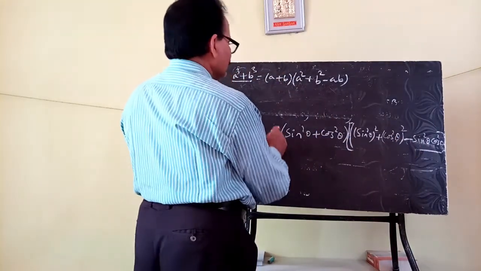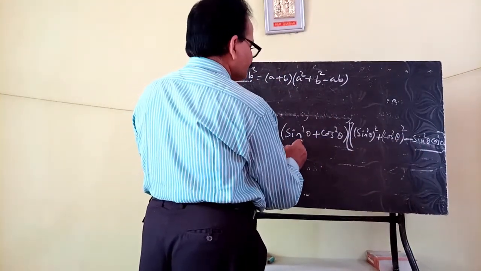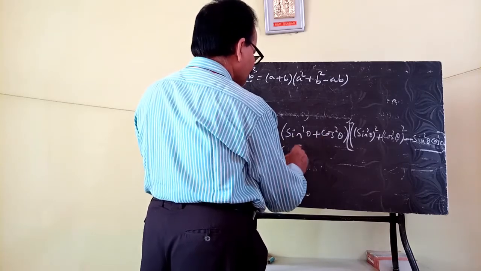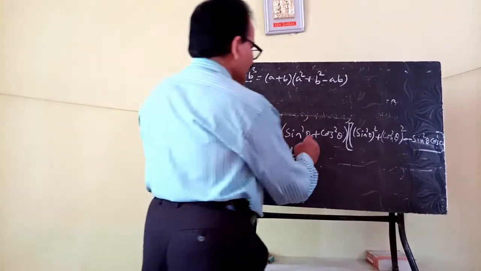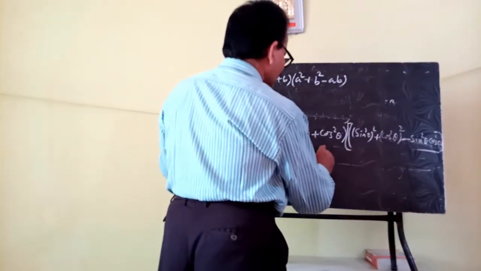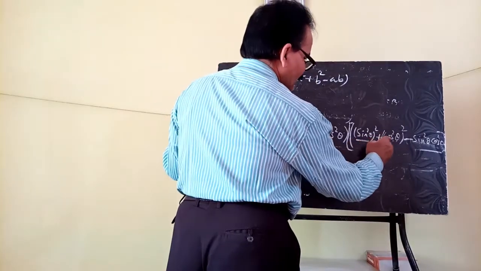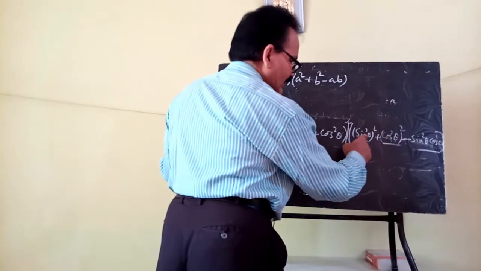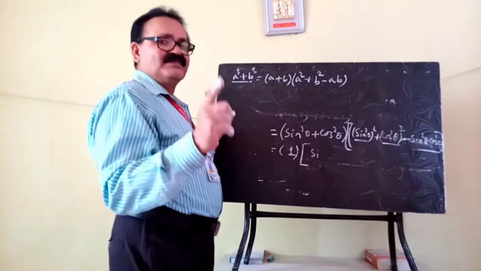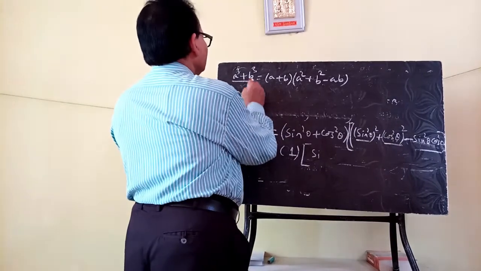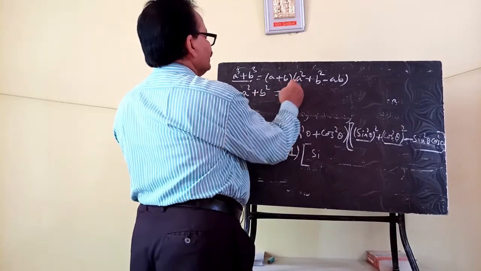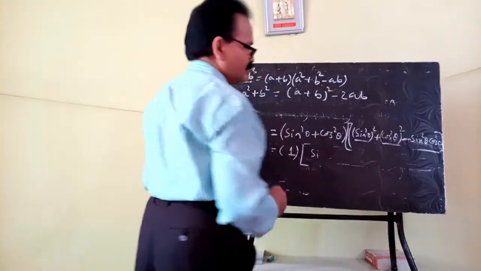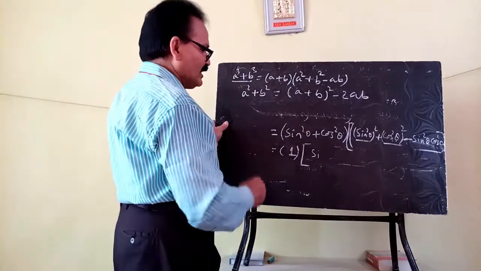So in this case, if you will see, sin square theta plus cos square theta is your 1. So this is your 1. In the right side, this is again a square plus b square. Again here this is a square and this is b square. You again apply the formula of a square plus b square is a plus b whole square minus 2ab. Okay, now you apply that formula.